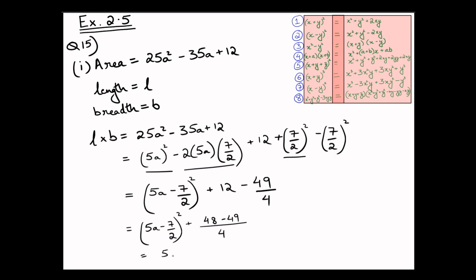And this is equal to 5a minus 7 by 2 whole square plus 1 by 4. Or rather, I can write this as 1 by 2 whole square. Pardon me, the sign over here is minus.